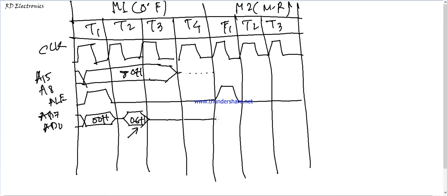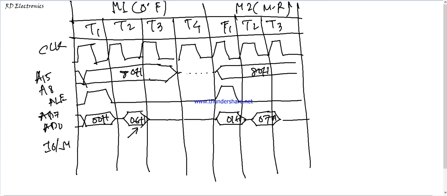So next, what is the content here? Here the content is 80 again, and what is the content here? We have 01, and after ALE goes low, we get 07 data from the memory. What is IO/M bar?